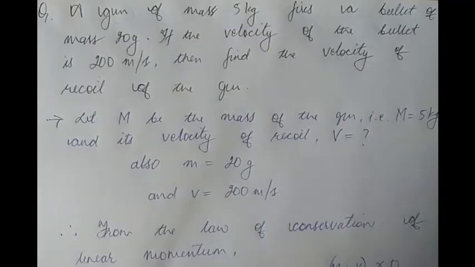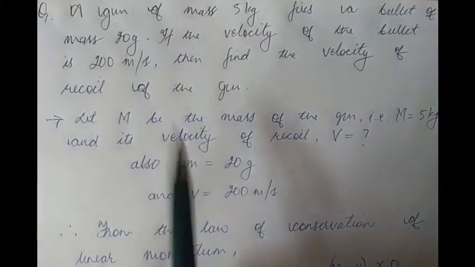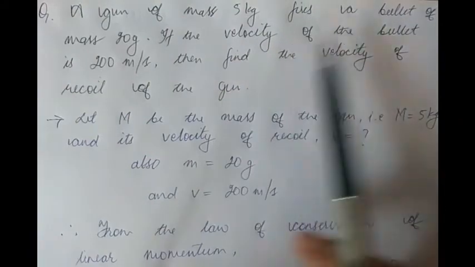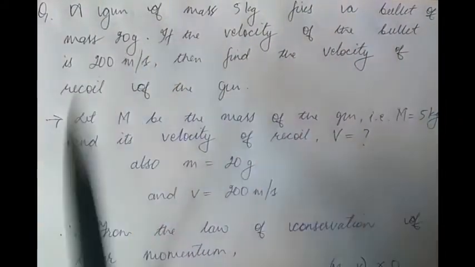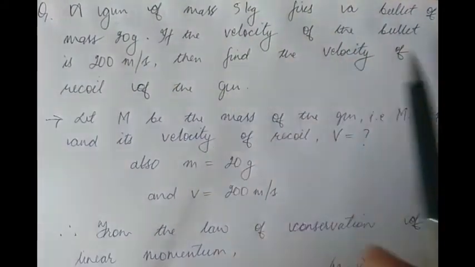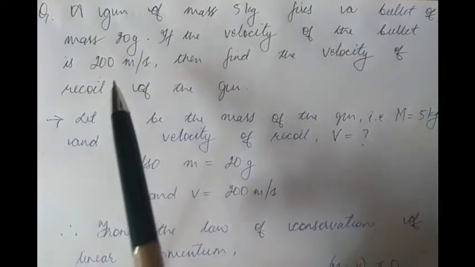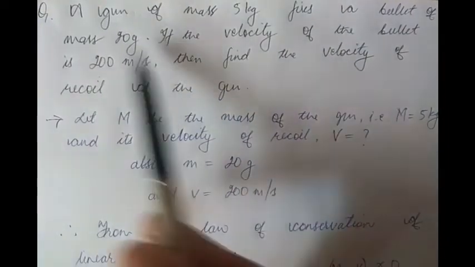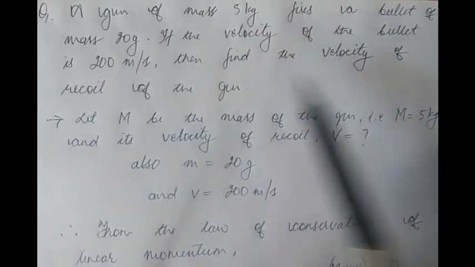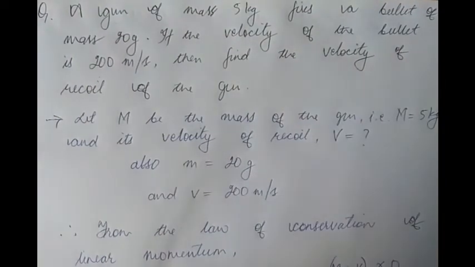So this is the other example we have, wherein we have a gun of mass 5 kg, which fires a bullet of mass 20 grams. Now if the velocity of the bullet is 200 meters per second, quite a velocity of course, then find the velocity of recoil of the gun. So we know whenever a gun fires a bullet, the gun or the pistol recoils back.